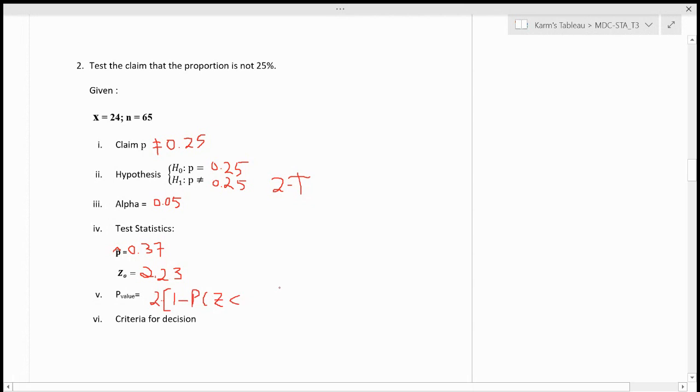Can I ask you why you use this formula? You say because it was a two-tail and a positive Z sub 0. Thank you. That's because it's a two-tail and the Z sub 0 is positive. Thank you very much.